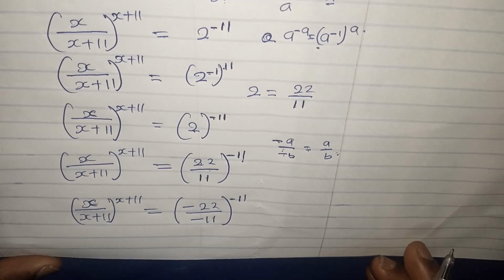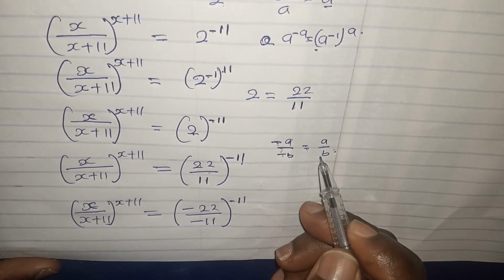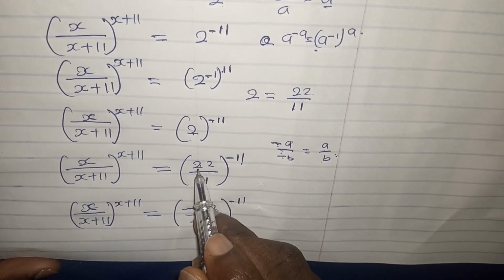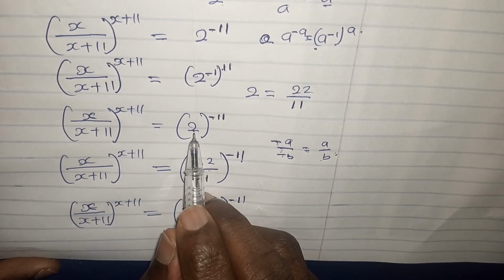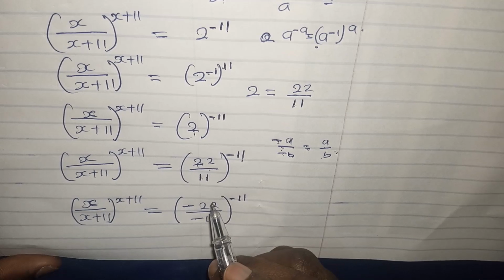So this is what we are now having. I said minus a over minus b is also equal to a over b, so this minus sign will cancel off this, and we are going back to this. And if this 11 cancels off this 22, we are going back to this. So the equation remains the same. So let's see how we can solve.